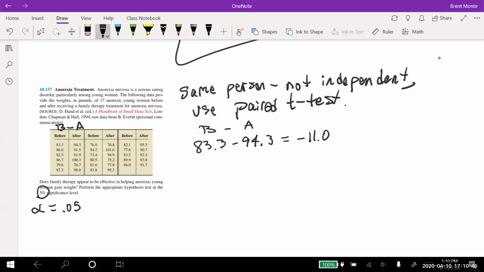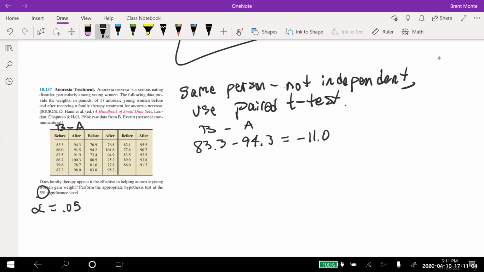But to me, if we're talking about somebody's weight and I get a negative, in my mind, I'm thinking they just lost 11 pounds. Where really they gained 11 pounds.